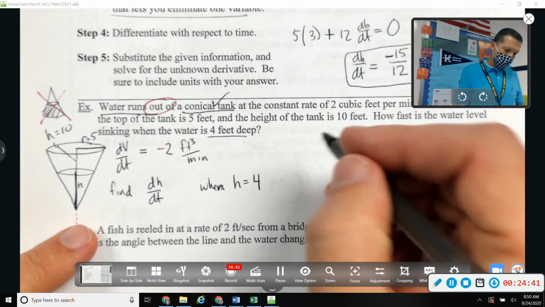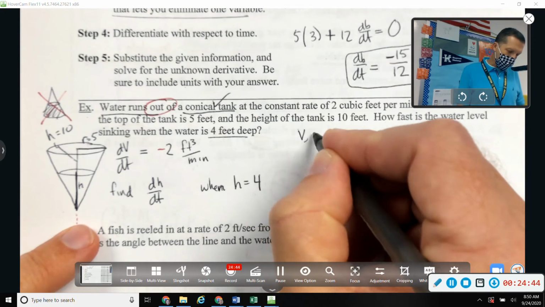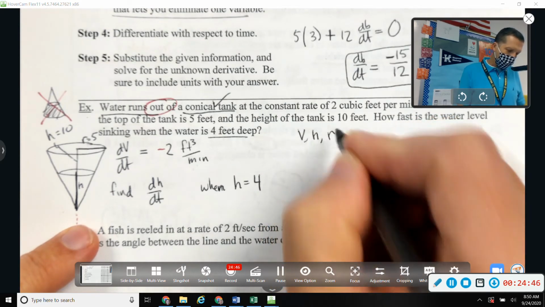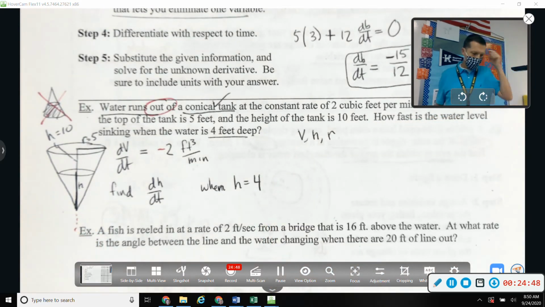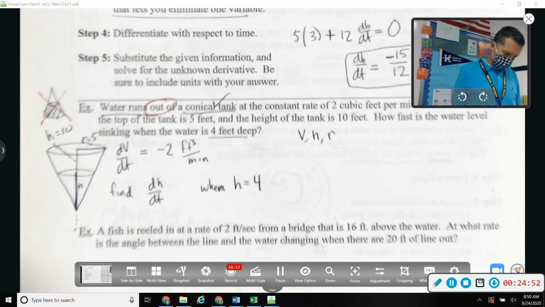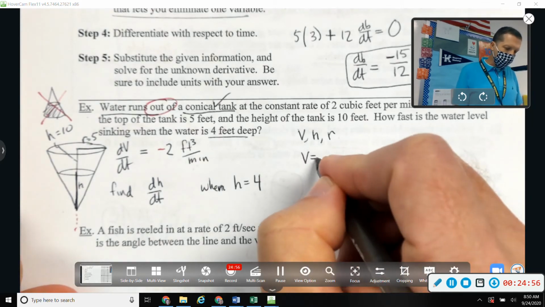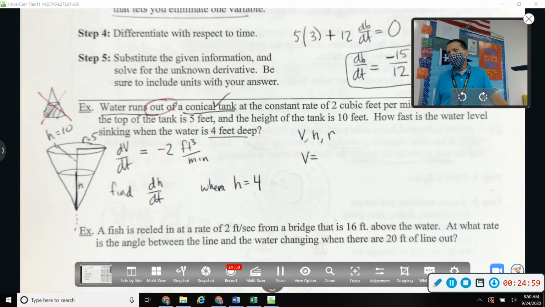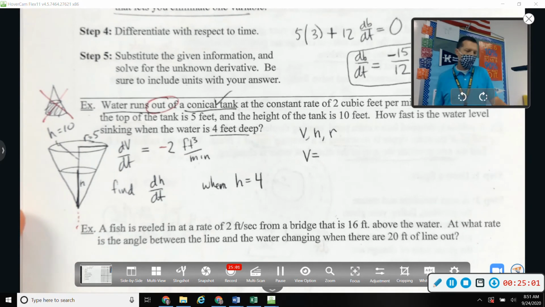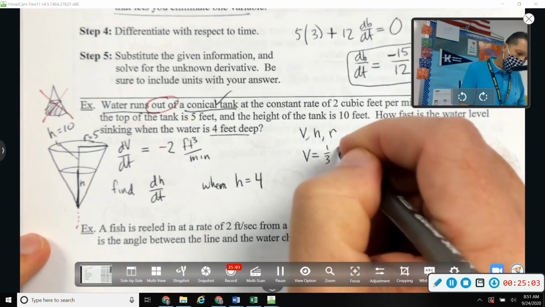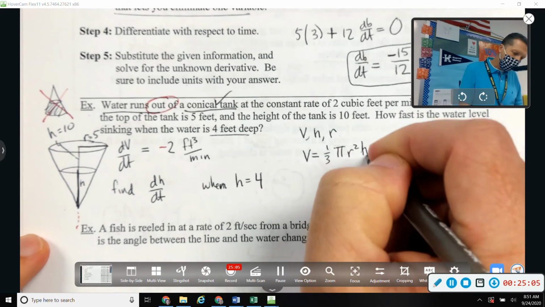Okay, so I've got stuff about V and h and r, and so a formula that relates all those. This is probably one we would give you because we don't use volume of cones very much. It's 1/3 pi r squared h.